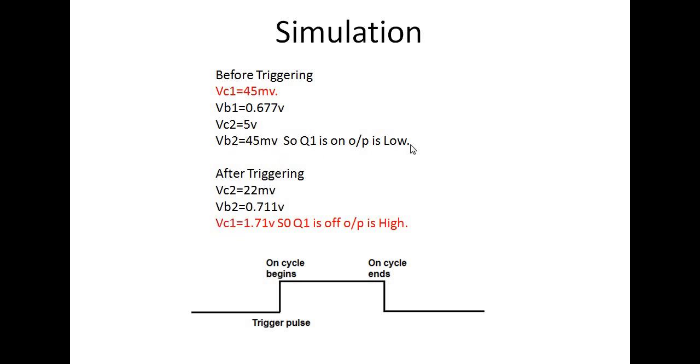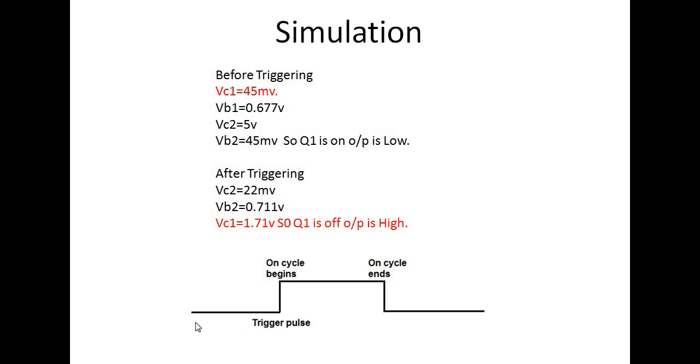Here also we have collected the output at VC1. That's why we have said output is low. Now output is 1.71, which is more than 0. That's why we treat this as high. So after triggering, the state of monostable multivibrator is changed from low to high.